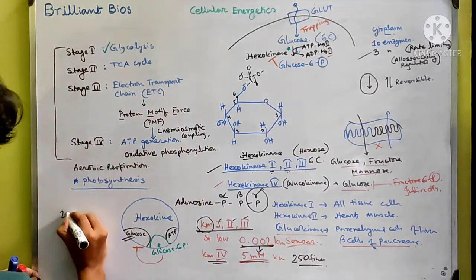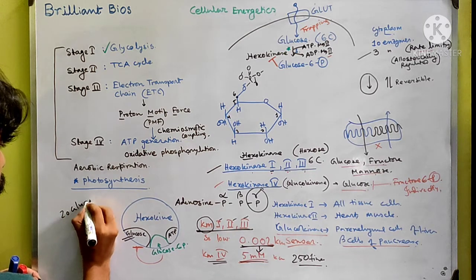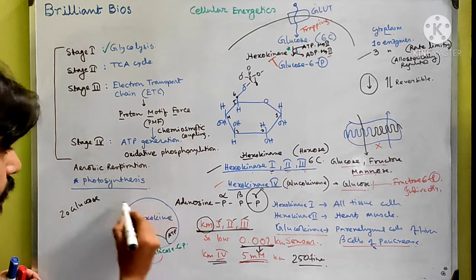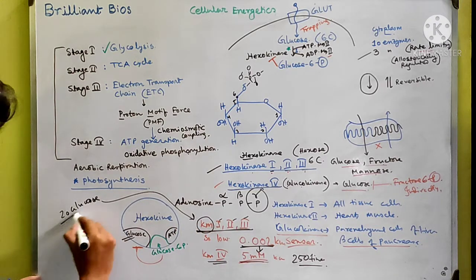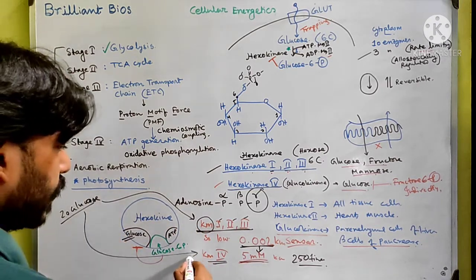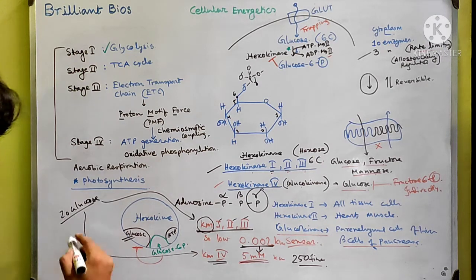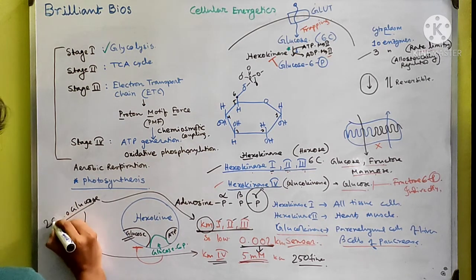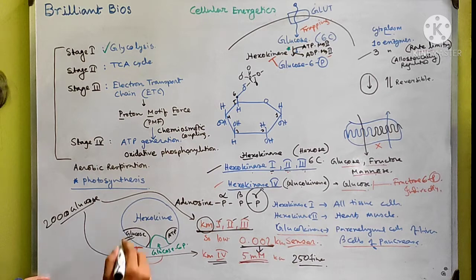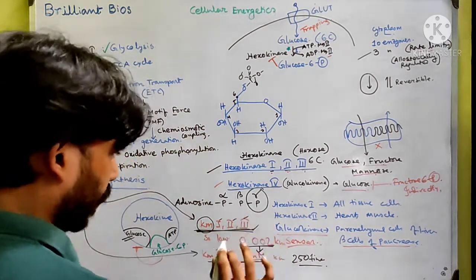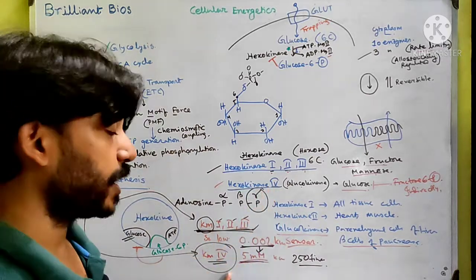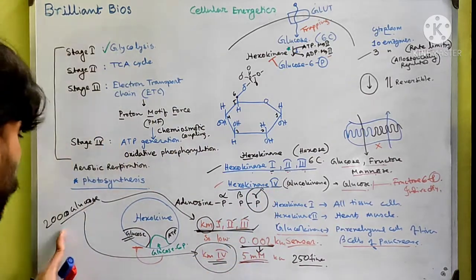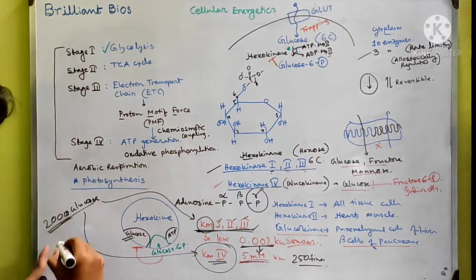Say that 20 glucose can activate these 3 enzymes, but this 20 glucose cannot activate this enzyme. But if there are 2000 glucose molecules, then these 3 enzymes are also activated, but then this hexokinase 4 enzyme will get activated because it has low affinity. So the number of glucose should be high.